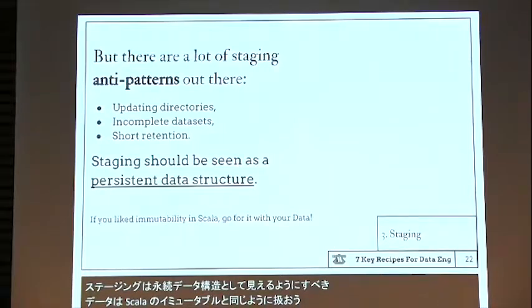Sorry. What happened with staging is there are a lot of staging anti-patterns out there, and especially when using a distributed file system, we map our dataset to directories, and we update those directories, or we let incomplete datasets be visible, so you could read dirty data and so on.